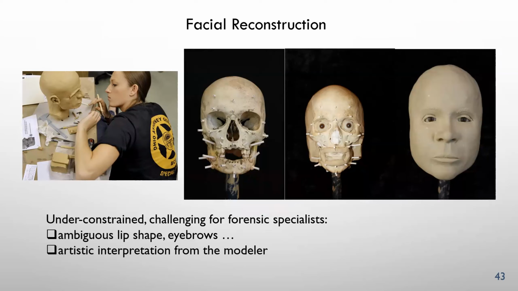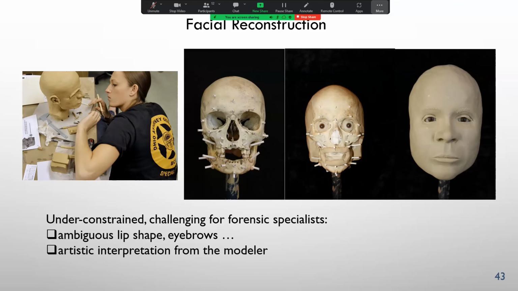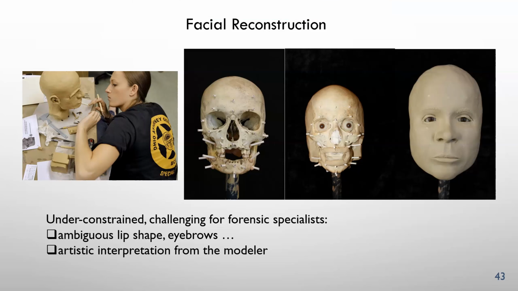In forensic labs, to reconstruct the face from the skull, the modelers oftentimes first place a set of landmarks like this, shown in the middle, on the skull, and then they trim their length to mimic the average tissue thickness, and then use them to constrain the face geometry to be constructed on the skull.